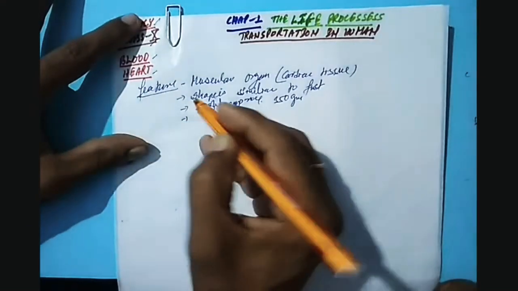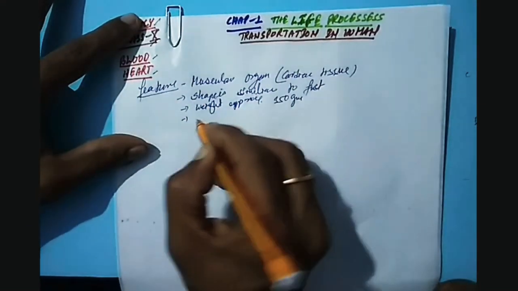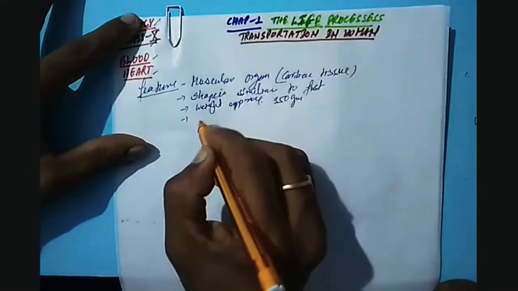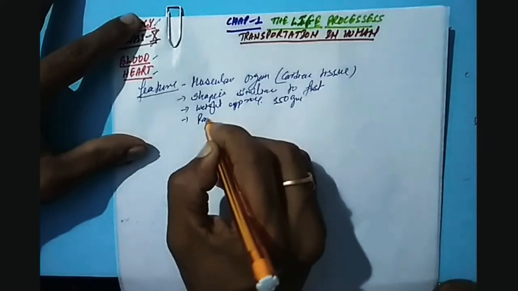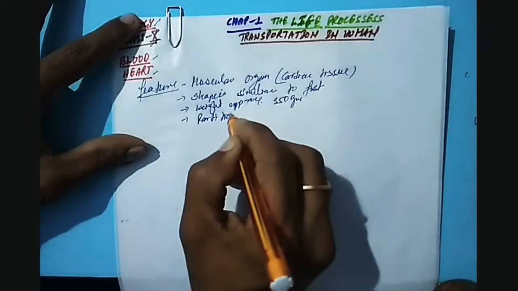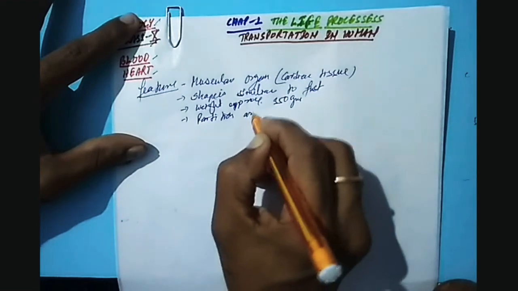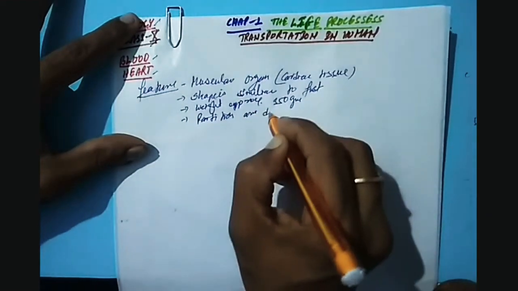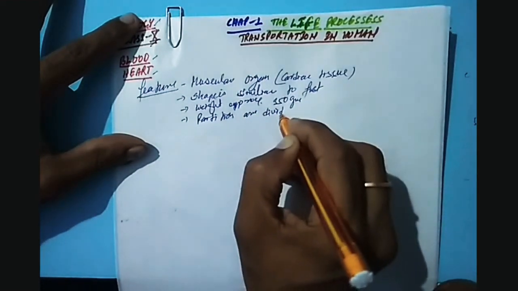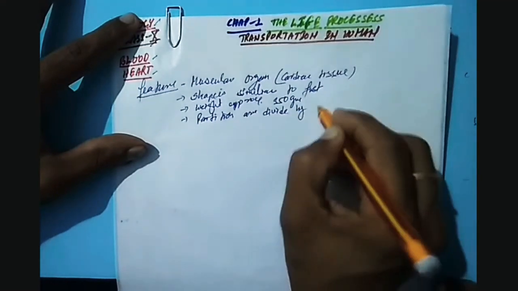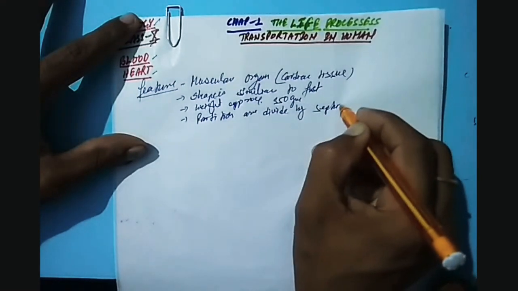It is divided into two parts by a septum, a partition.